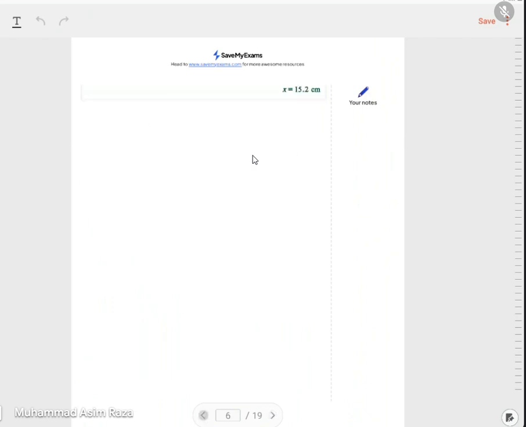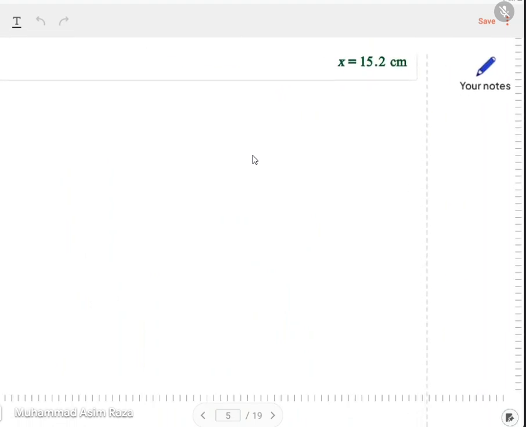Okay, so let's do something else as well. Sometimes the examiner would say that there is a ladder. Do you know what a ladder is? The staircase, something.